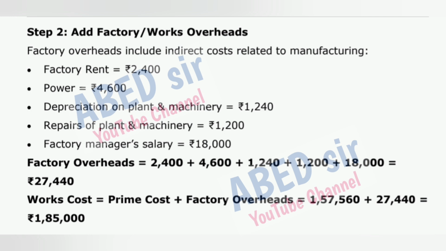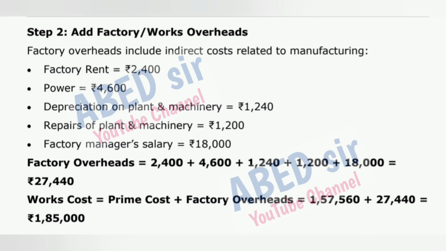Factory manager's salary is equal to 18,000 rupees. Factory overheads is equal to 2,400 plus 4,600 plus 1,240 plus 1,200 plus 18,000, is equal to 27,440 rupees.